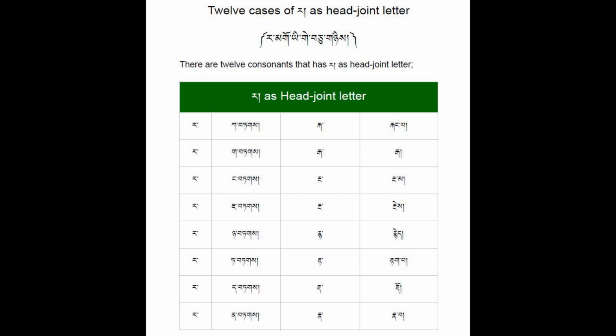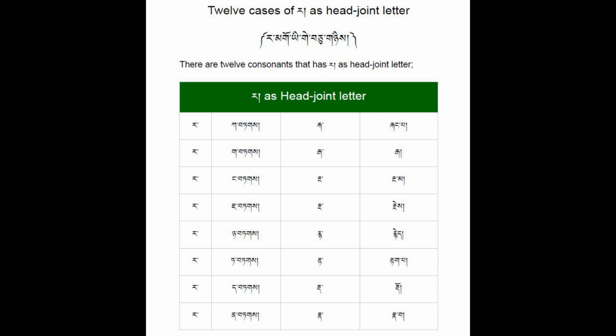Also known as head letter, head joint, or crown letter, because it's crowned on the foundation of a name. There are three consonants that can function as a head joint letter. These are ra, rango, go meaning the head. So la, lago, and sa, sago. Rago, lago, and sago.